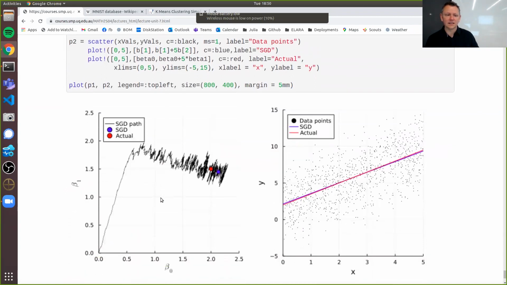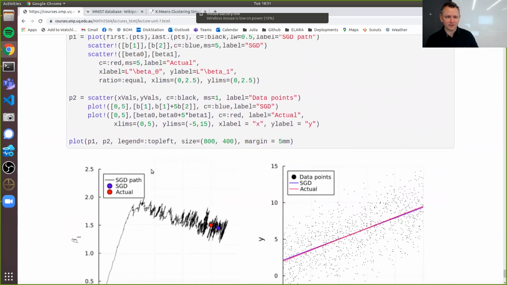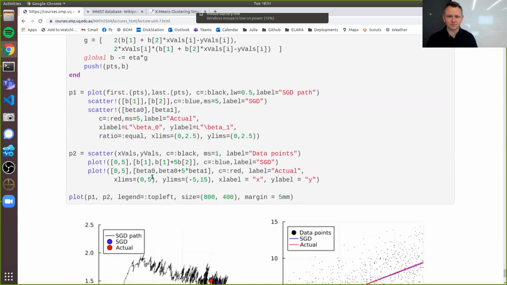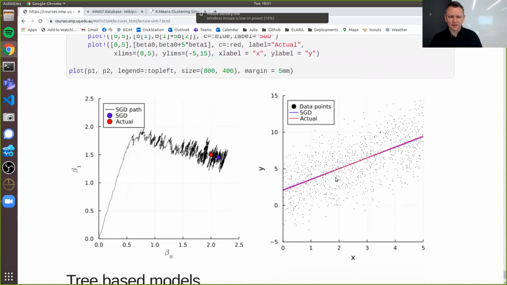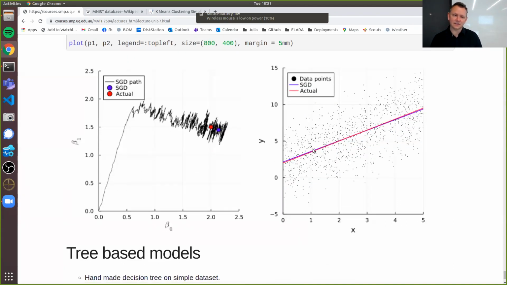In this case he's plotting a simpler case. It's a one-dimensional problem, and he's plotting here what the gradient descent algorithm is doing over time, and you can see that in this linear fitting example. So y equals beta naught plus beta 1 times x.